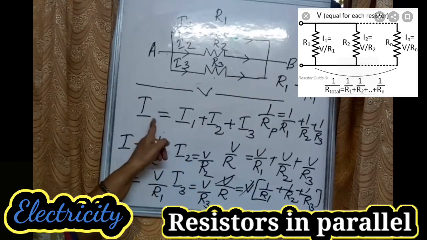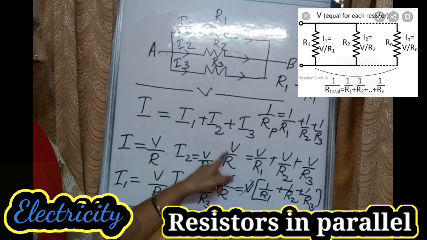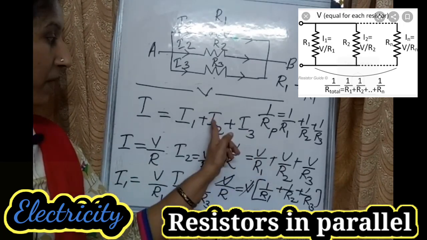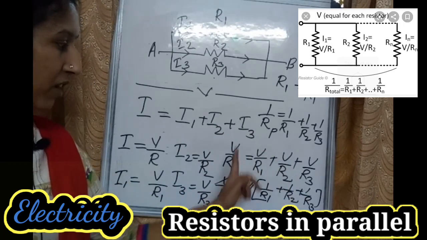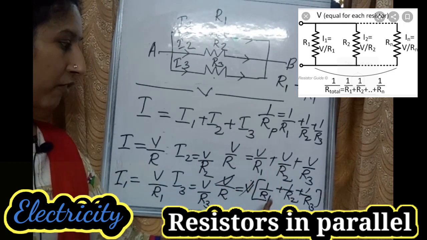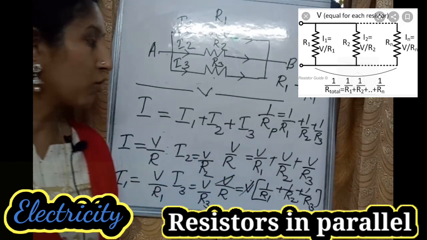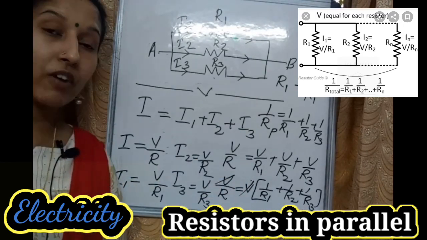Then substitute into I equal to I1 plus I2 plus I3. So I means V by R. V by R equal to V by R1 plus V by R2 plus V by R3. Take the V out: V into 1 by R1 plus 1 by R2 plus 1 by R3. Cancel V. That is 1 by Rp equal to 1 by R1 plus 1 by R2 plus 1 by R3.